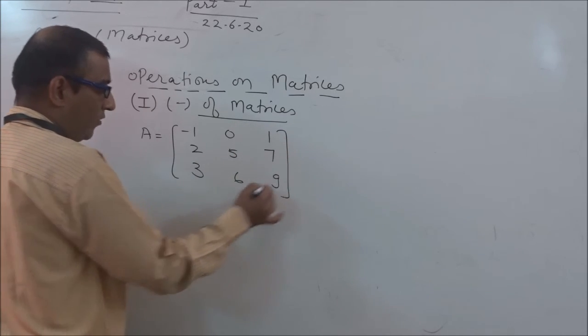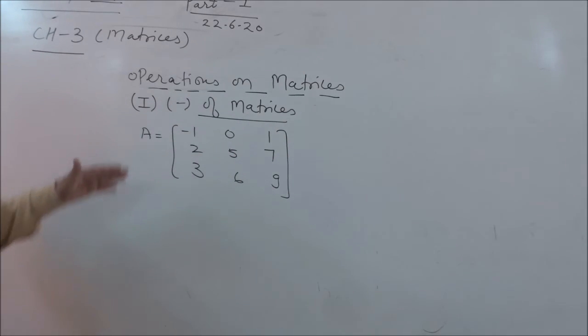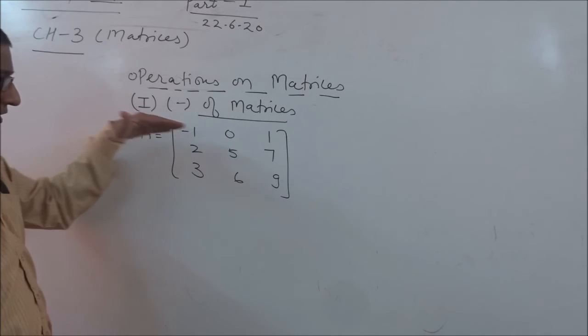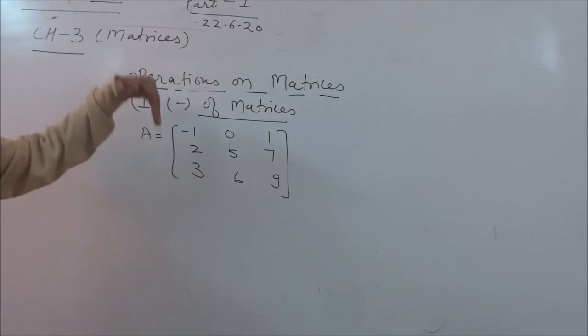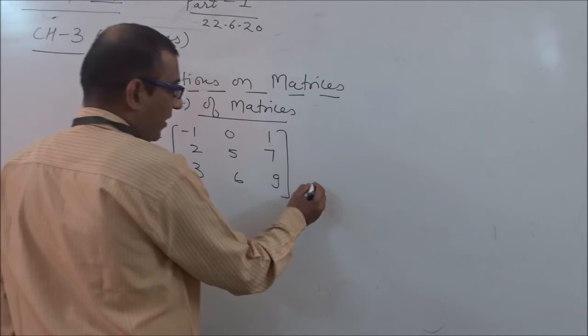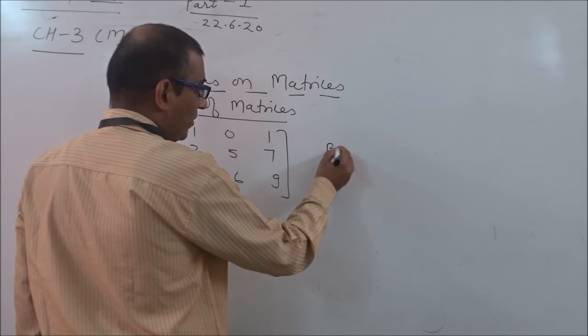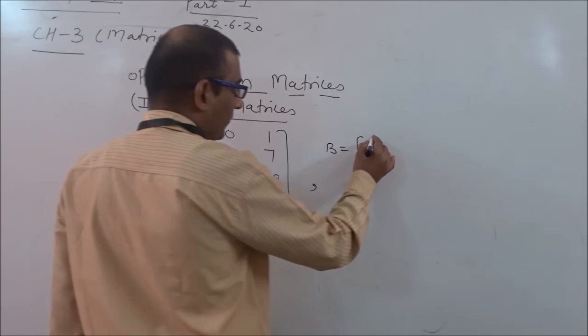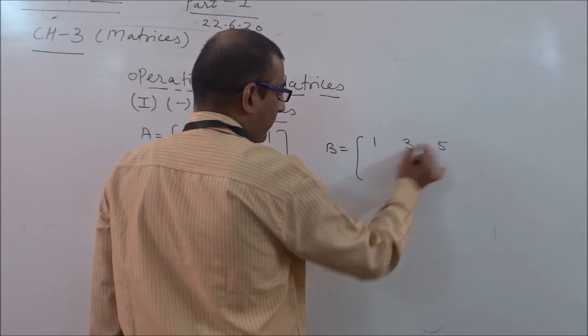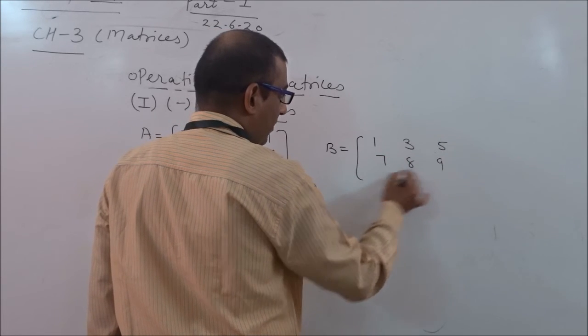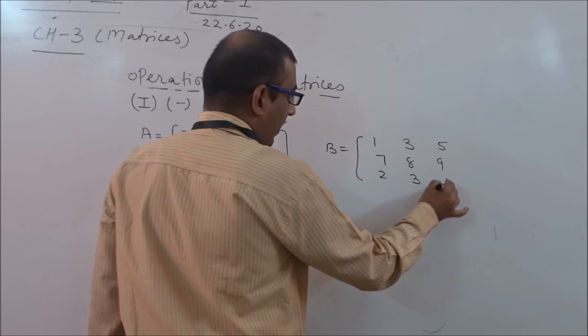It is of order 3 by 3 because 3 rows and 3 columns are there, or you can say 3 horizontal lines and 3 vertical lines are given here. And now I am taking one more matrix, B is [1 3 5; 7 8 9; 2 3 1].